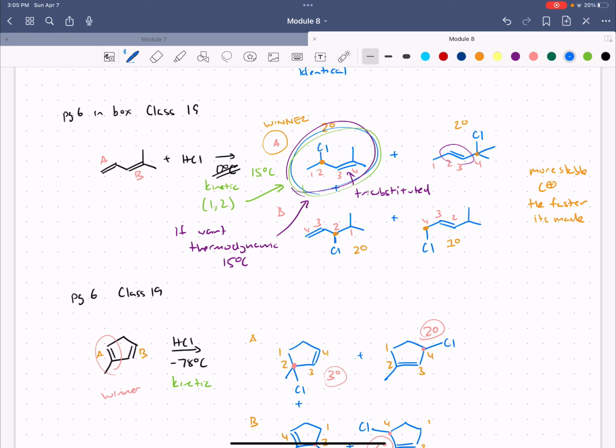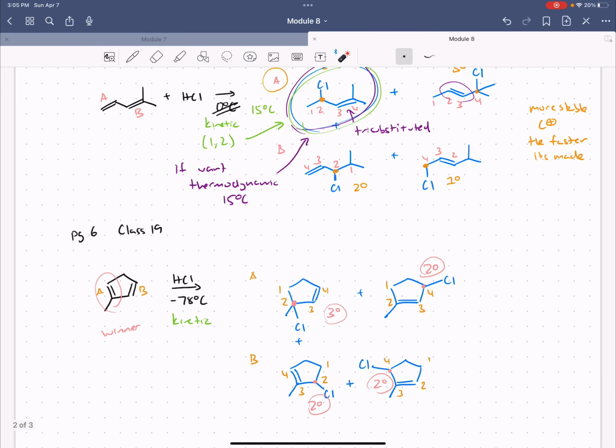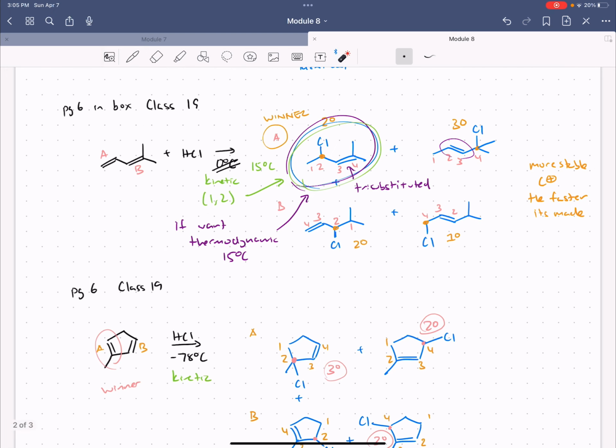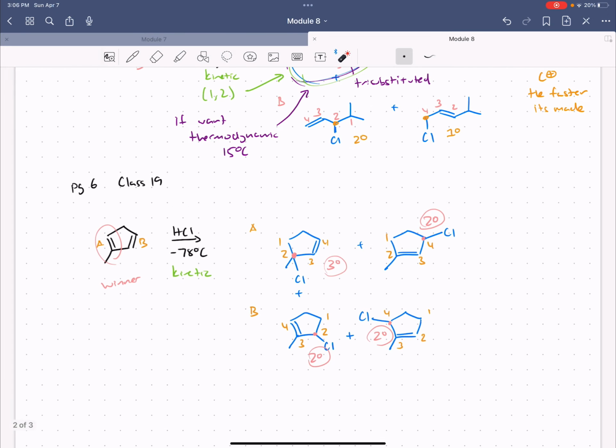Does it change anything? It's now tertiary. So, phew, it's still the winner. And so A is the winner because mainly when we did the shift, we got a tertiary carbocation right here. A is the winner here because the initial carbocation was tertiary. So, again, I cannot tell unless I draw the products and do my analysis.